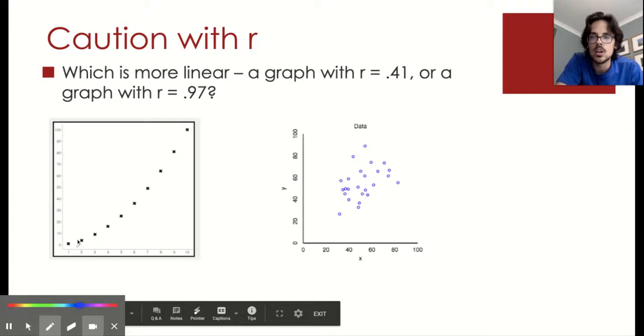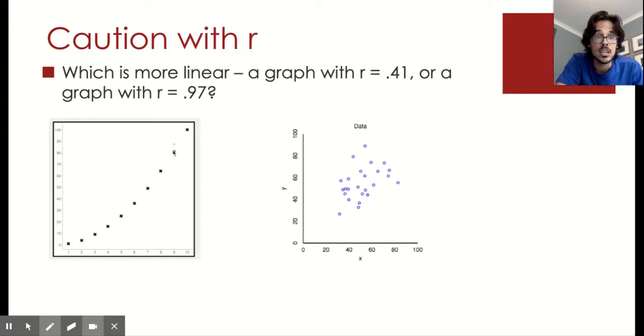This graph right here is a part of a parabola. You can see that there is very obviously a nonlinear or curved pattern going on with these points right here. But if you drew a line of best fit through that data set, that line does a pretty good job, and those points are pretty close to the line in general.